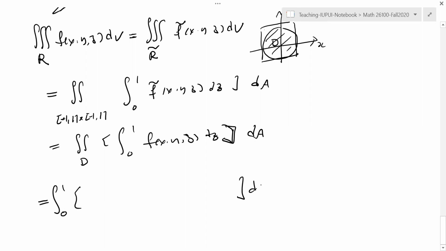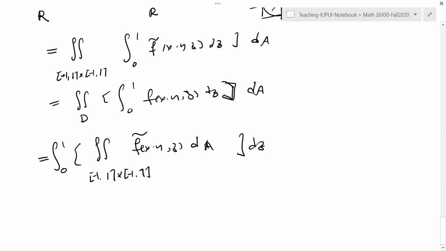This will be dz, and here is still from -1 to +1, and this is f2 of x, y, z, and then this is dA. dA is dx dy. Because it's a box, you can always interchange the integrals freely.